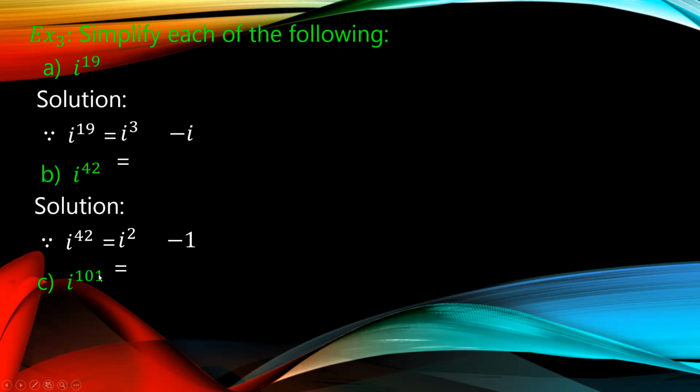I will take 100. 100, yes, can be divided by 4. Then I can expand this power as i^100 times i^1. i^100 equals 1, times i, equals i.